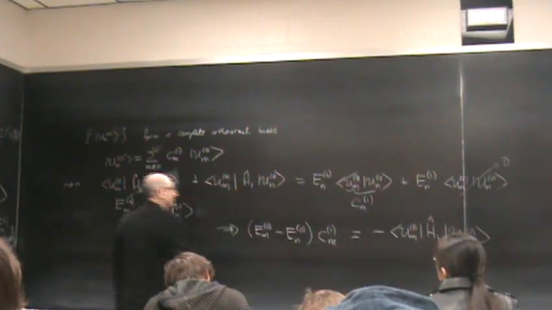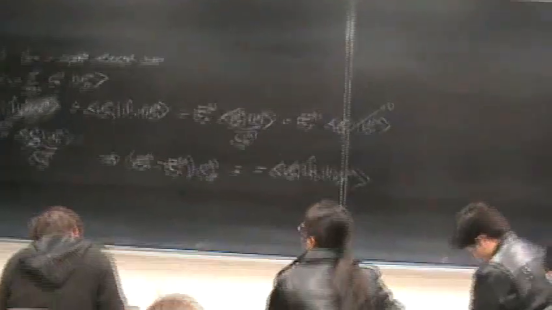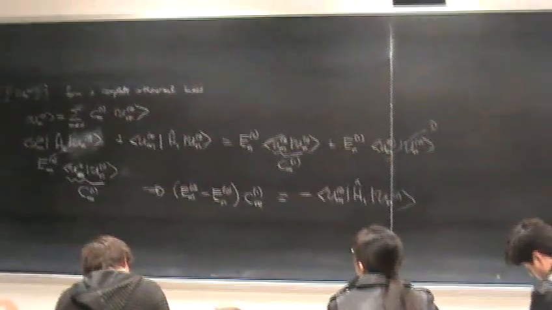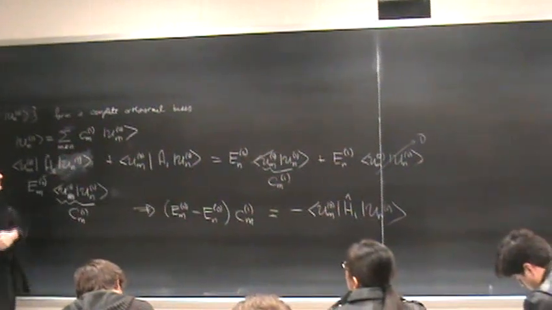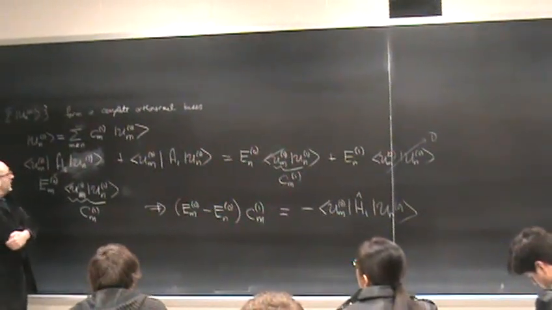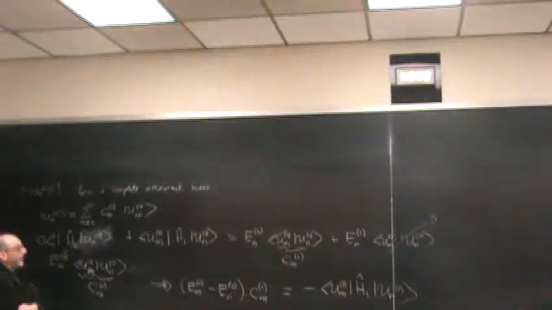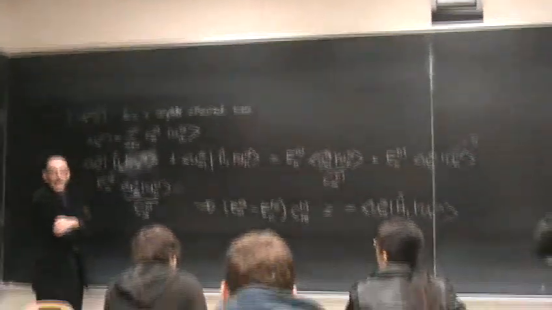Should the C have a second index? Or is it just the 1? No, it's this. But isn't it different for each nth vector? It's true, this is for that n. Indeed, I could keep that in.